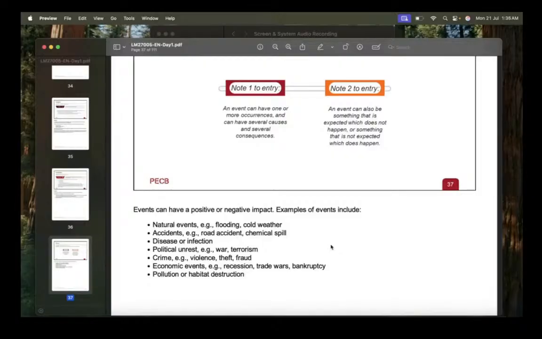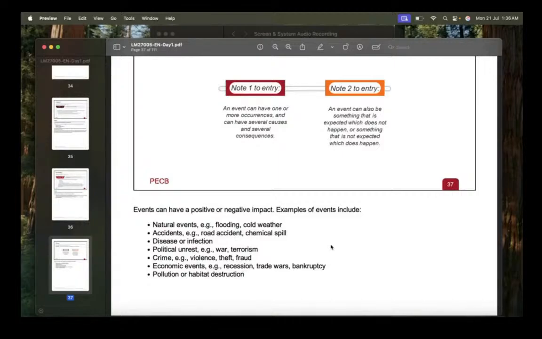We can understand it with real life examples that we usually see in our life, mentioned here, which are natural events like flooding, weather changes, accidents, diseases. So what are these? These are the events. Only in this ISO standard, what we have done is differentiate two notes of event.